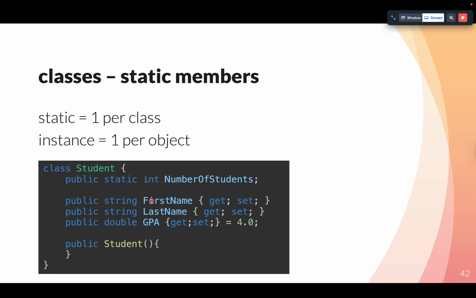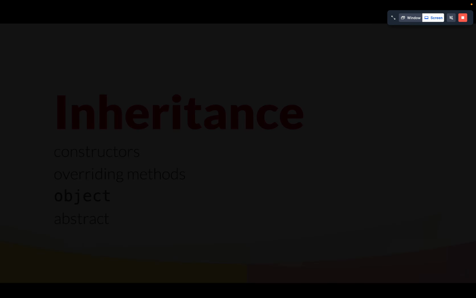But if you had a static method, you could run that static method before you have an object of the class. And the way that you would do that is say, name of class, in this case, Student dot static method. All right, we'll look at that a little bit more later when we have a good reason to use them.